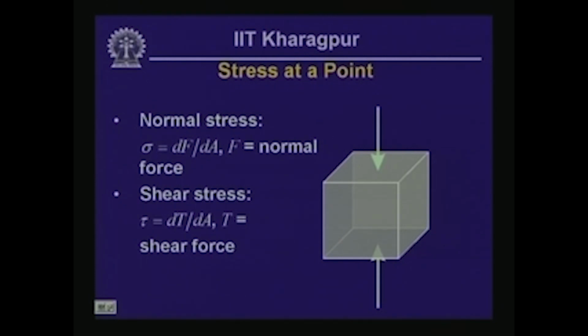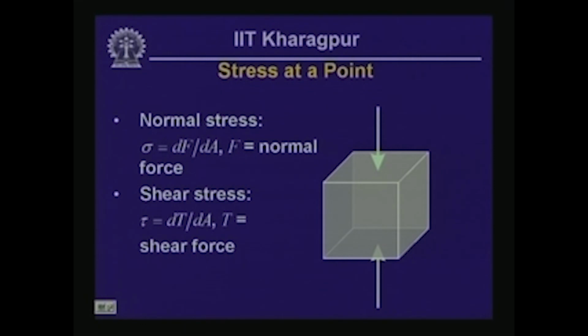Okay, so, those are the objectives, and then let us begin with what we mean by stress at a point. Now, you all know from your previous curriculum that stress is given by force per unit area. Now, that force could be a normal force.